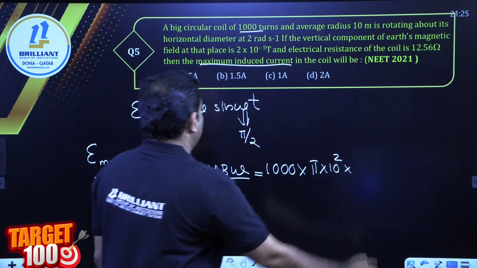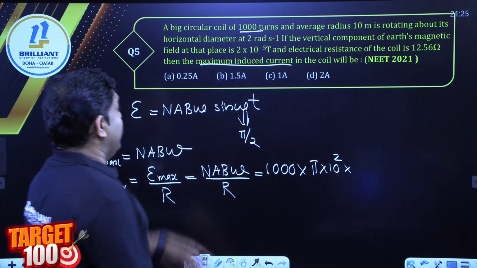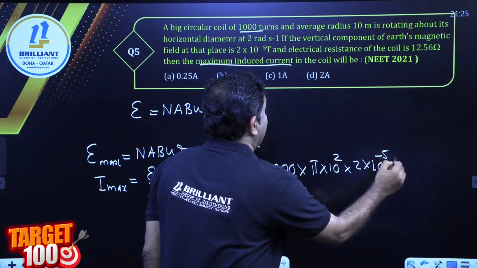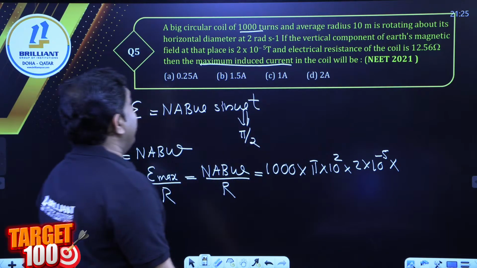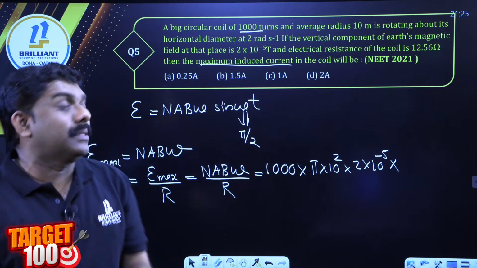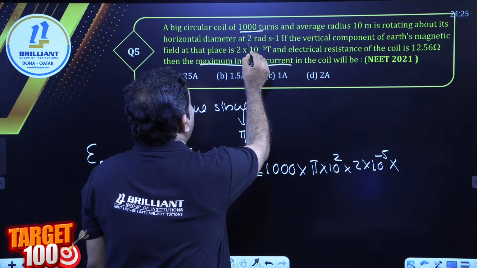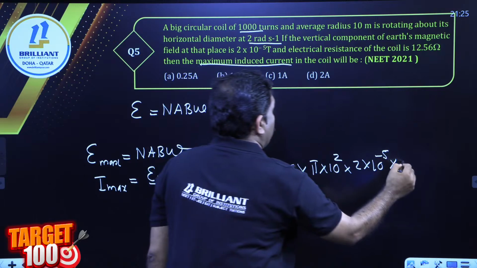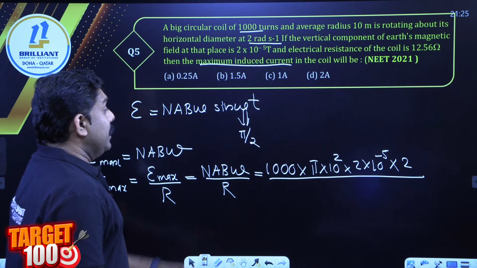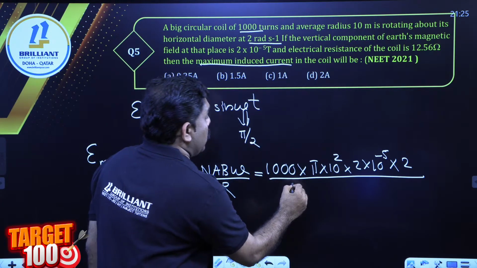Then the magnetic field is 2 into 10 raised to minus 5. Omega is 2 radian per second, divided by the resistance.